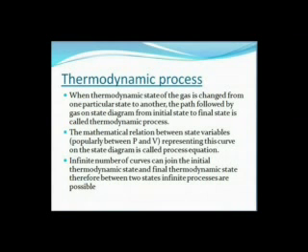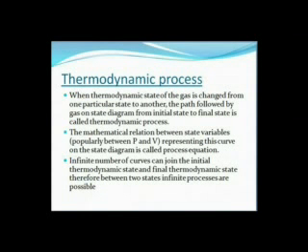So first we'll see what is a thermodynamic process. When the thermodynamic state of the gas is changed from one particular state to another, the path followed by gas on a state diagram from the initial state to the final state is called a thermodynamic process.